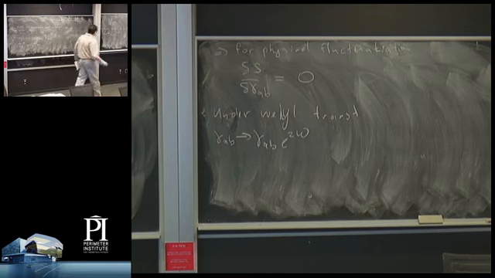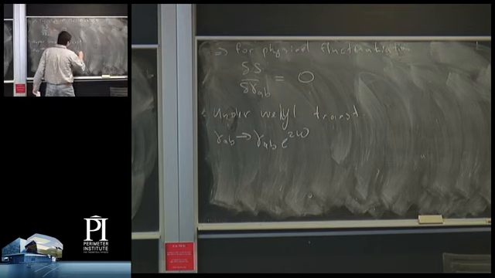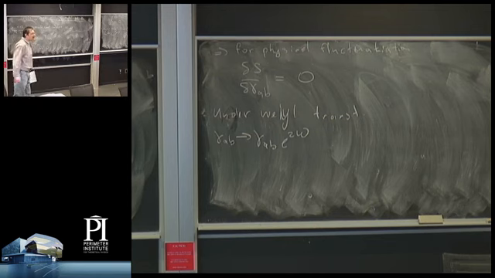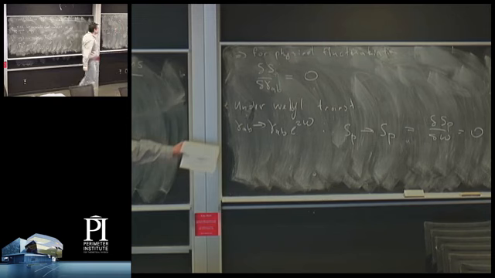And so under these Weyl transformations, we showed that S particle goes to S particle. And this is true for any omega. And so in particular, this implies that delta S_P over delta omega equals 0, right? So if I vary the particle action with respect to omega, I will get 0.